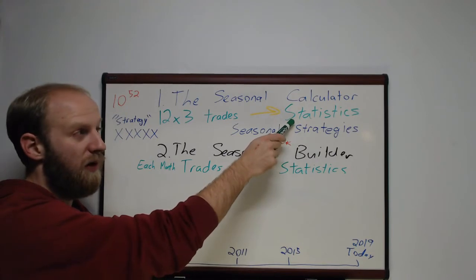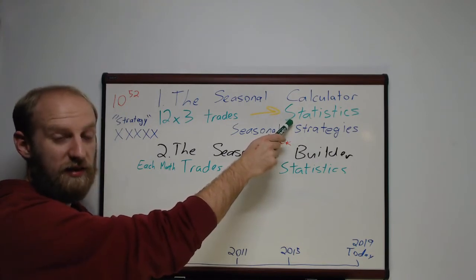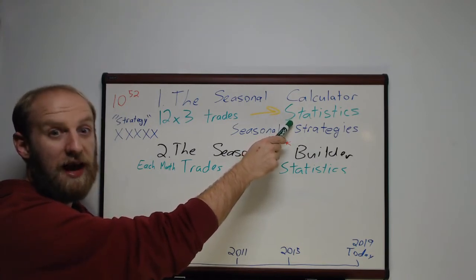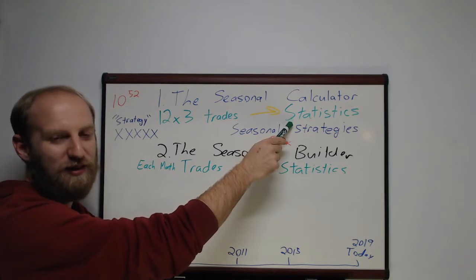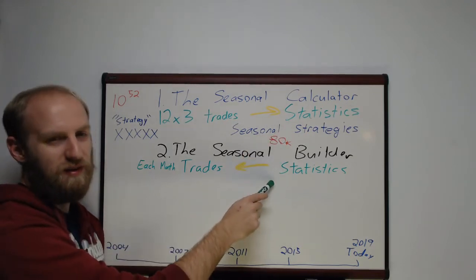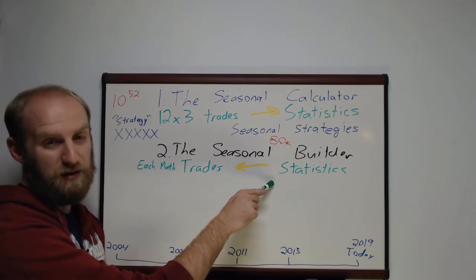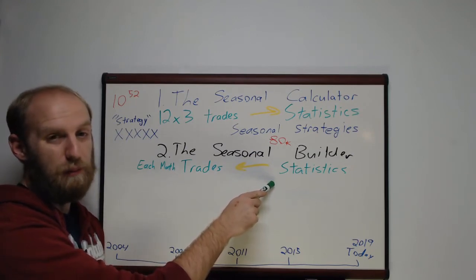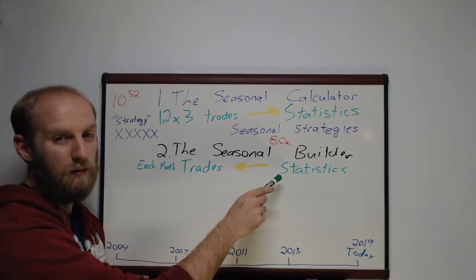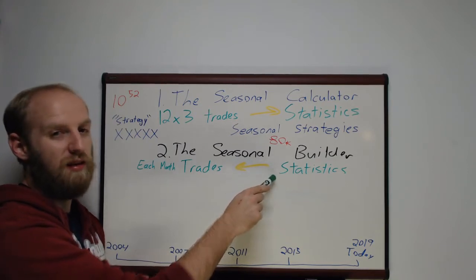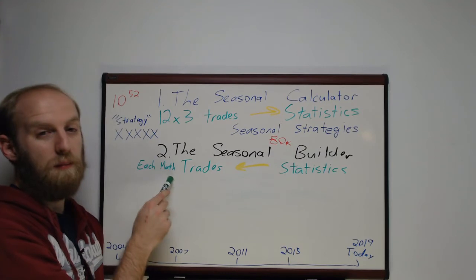So if you see a return of 30% here, well, that's an average on the annual. Okay, so that's an annual return of 30%. If you type 30% in here, it's not going to work because you're looking at each month. Instead, your average return would be something like 2 or 3%. So you apply monthly statistics here, and it will give you the monthly trades.